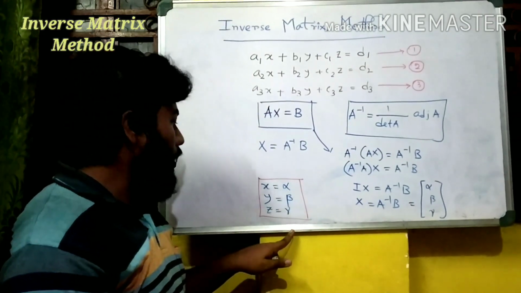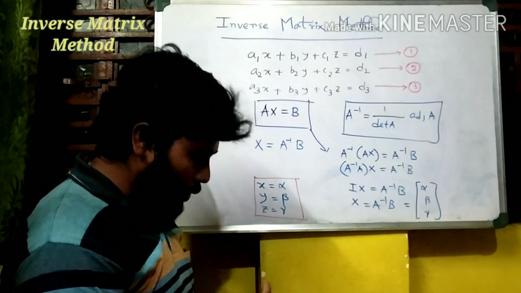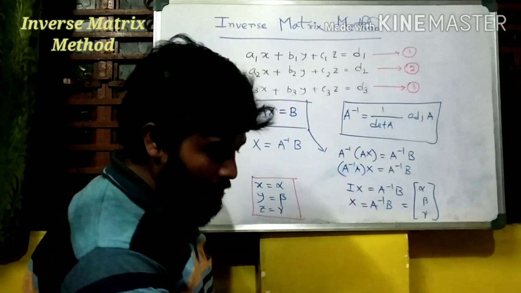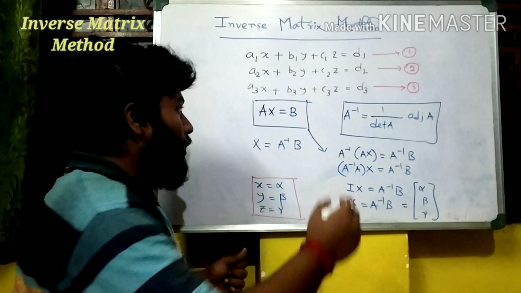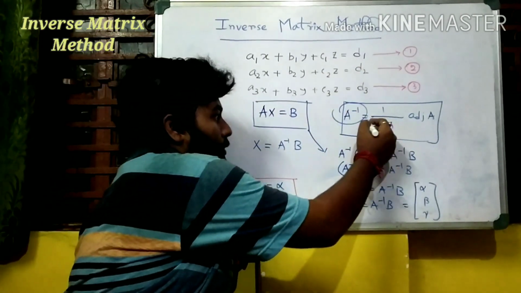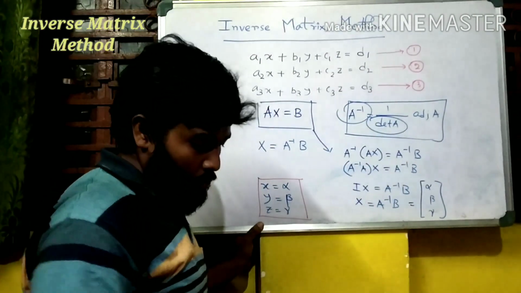Next question is, when is this system solvable? It is clear that A inverse will exist if determinant A is not equal to 0.